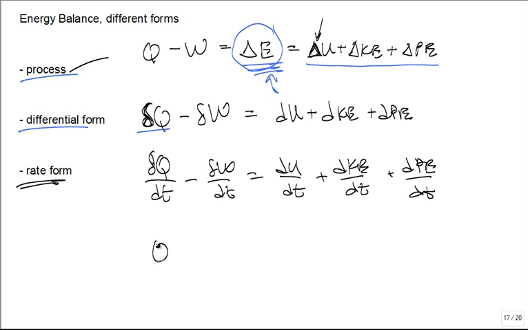So this becomes Q dot minus W dot equal to the time rate of change of U plus time rate of change. Here, I'm tired of writing. I'll do the shortcut just like the book. Right? That's what the book does. Call it cap E. All right? Okay. That's the rate. So you have three forms of the equation, forms for the energy balance for a closed system.